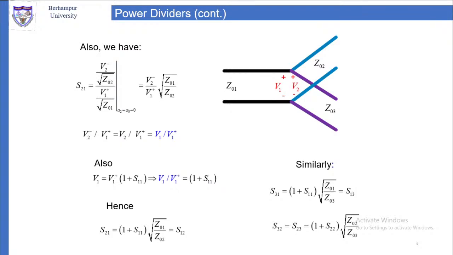That will be equal to 1 plus S22 into root over of Z02 by Z03. So this is about the S parameters of the power divider. So we have found out all the expressions for the S parameters for the power divider.